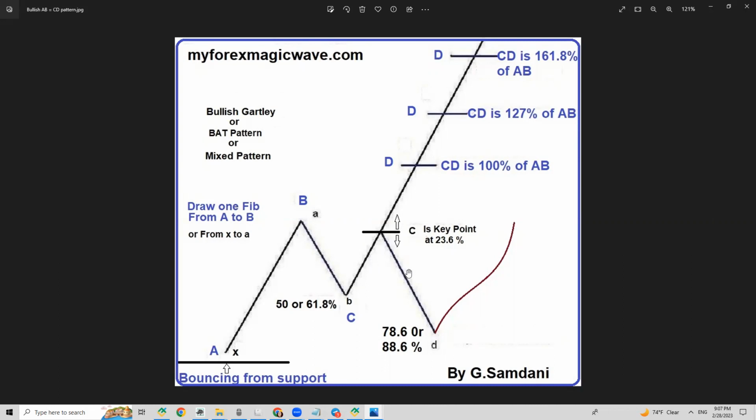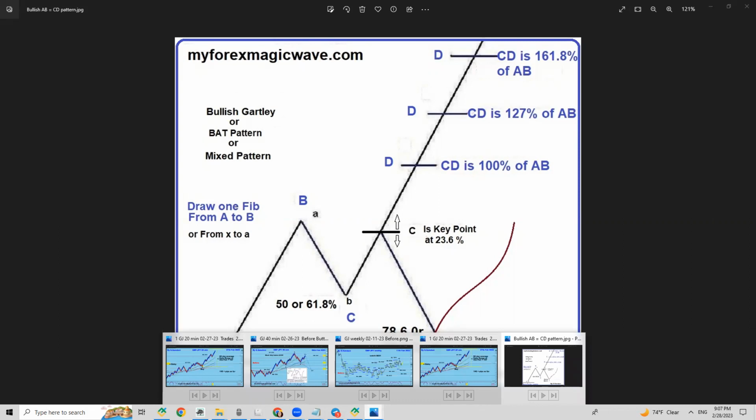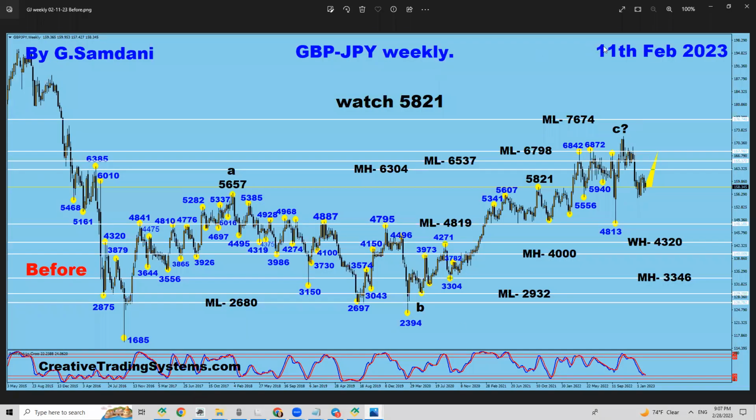At the same time, if you watch the weekly chart that I made, the weekly chart was the Pound. I made it in February, I gave it to you guys, 11th February, that this thing is going to go all the way up here anyway. It is already so far, it is like here, right?